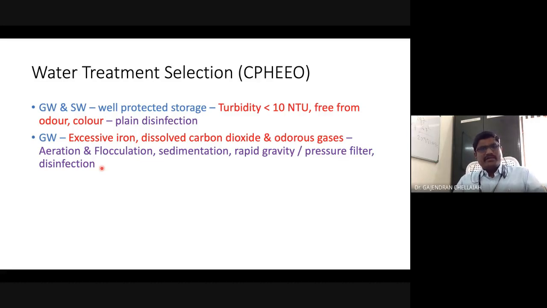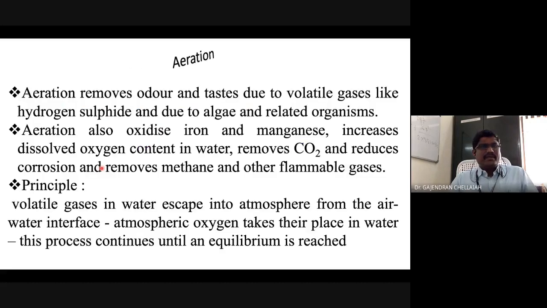If it is a groundwater source, excessive iron, dissolved carbon dioxide and odor gases will be removed. Aeration and flocculation, sedimentation, rapid gravity or pressure filter, any type of filter, and the disinfection. So these are the different stages of water treatment selection. Based on your sources and your water quality, you have to select any one.